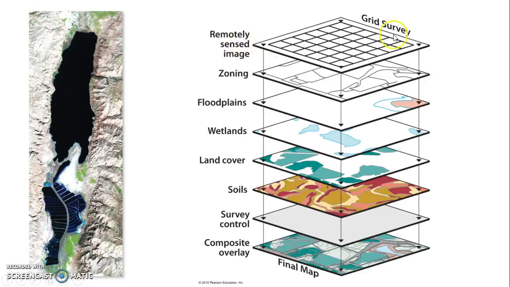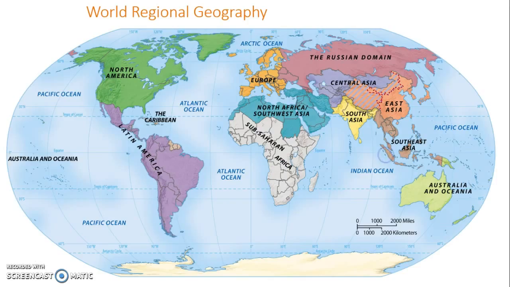A remote sensing image can be part of a GIS, but wetlands, land covers, soils, you put them all together and do some type of analysis. And you're going to be doing that, or you actually have started doing that this week, when you're creating your own map in a web page that allows you to add your own layers to a map and display them.